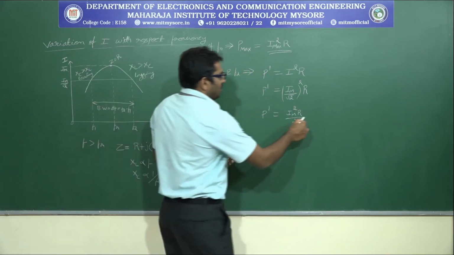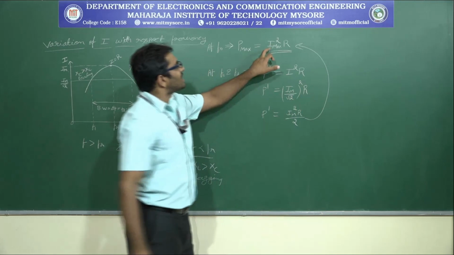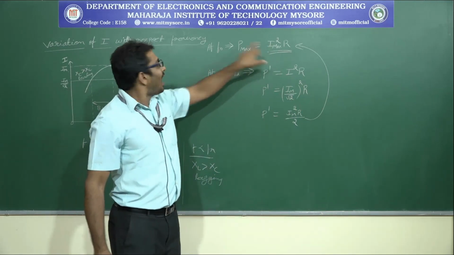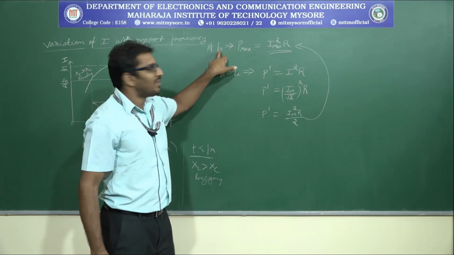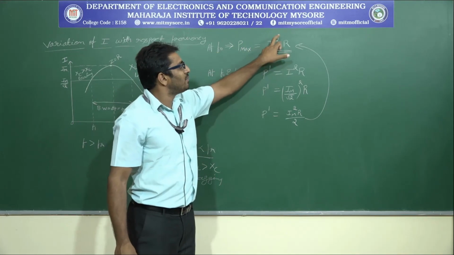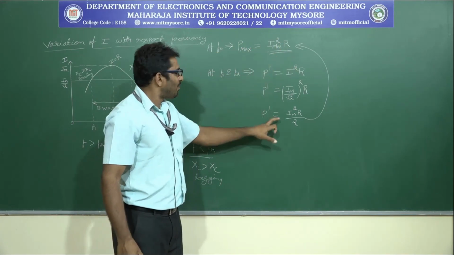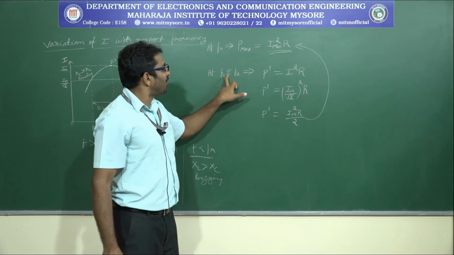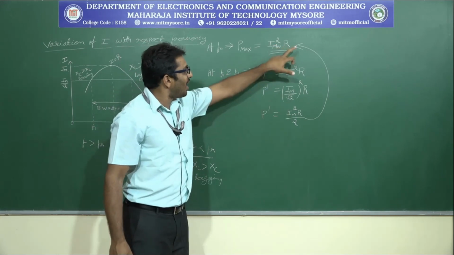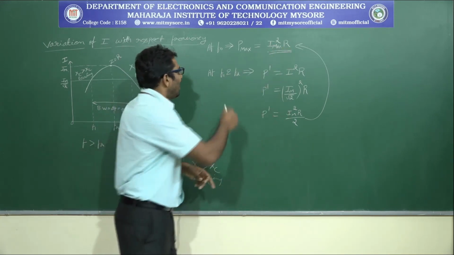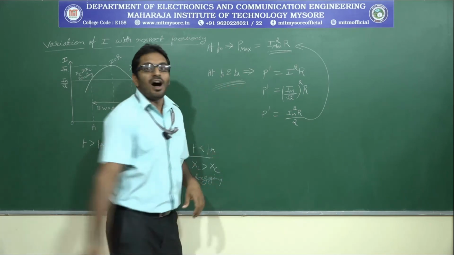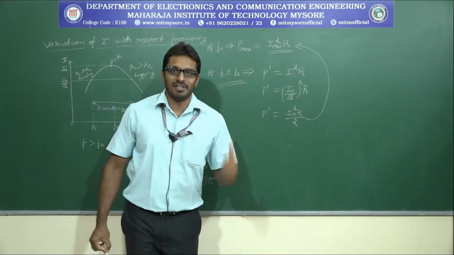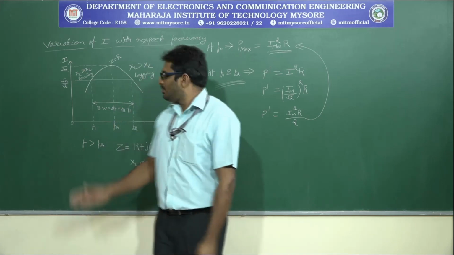Just compare these two. This is the power supplied at resonant frequency: Im square into R. This is the power supplied at cutoff frequencies: Im square R divided by 2. That's why these two frequencies are known as half power frequencies. Is that clear? What is bandwidth?